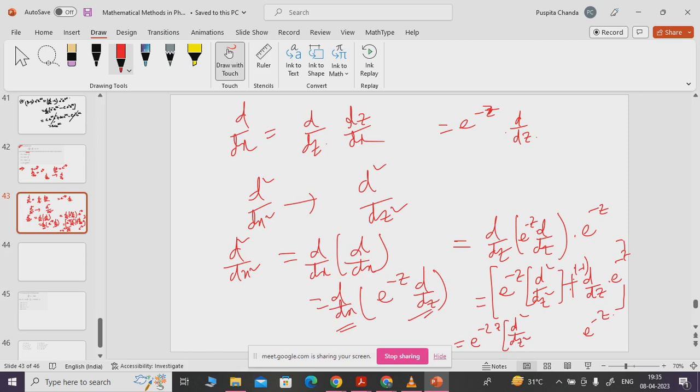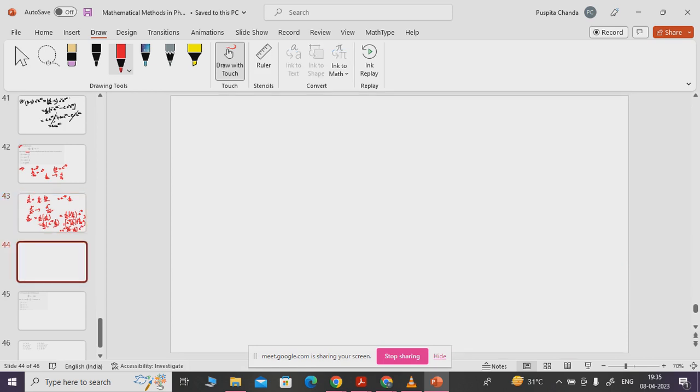So it will be e to the power minus 2z d²/dz² minus d/dz. So d²/dx² is equal to e to the power minus 2z (d²/dz² minus d/dz), and d/dx is equal to e to the power minus z into d/dz.